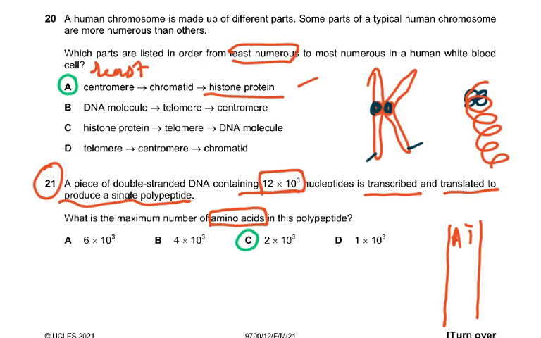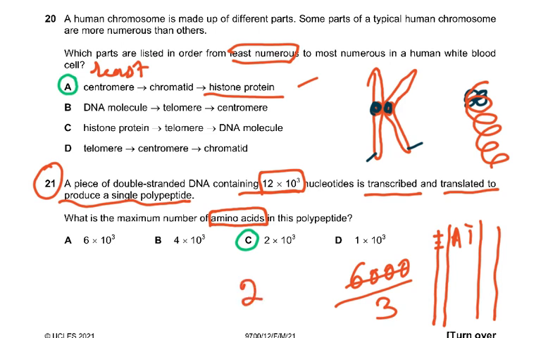So that means 6,000 this side, 6,000 this side. And then if you have 6,000 here, 6,000 divided by 3 is 2,000. It says 12 into 10 raised to the power 3.